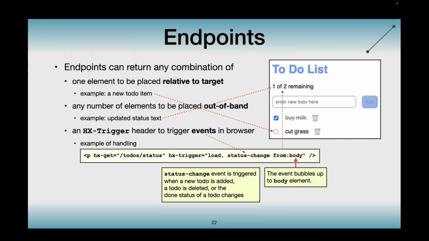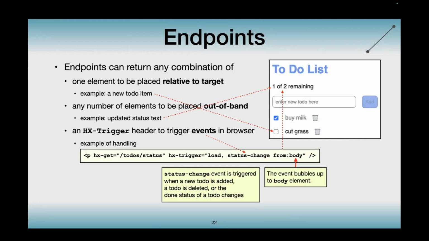Okay. And then finally, I have the option to trigger events back in the browser. So in that paragraph element you see there, the HX trigger says that I need to listen for the event status change. And where's it coming from? Well, that's an interesting question because there are actually three things that can happen in this to-do application that would cause me to need to update that status.